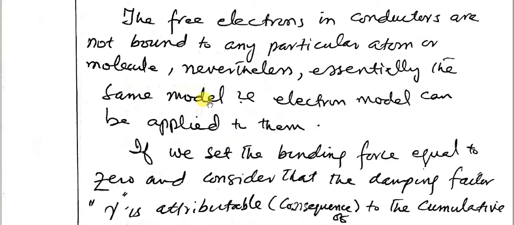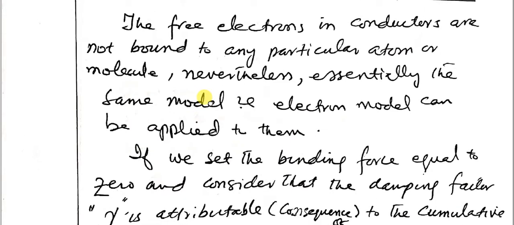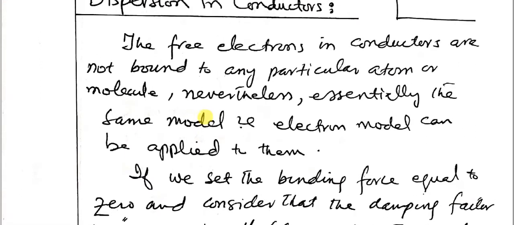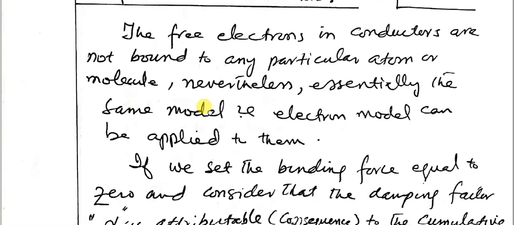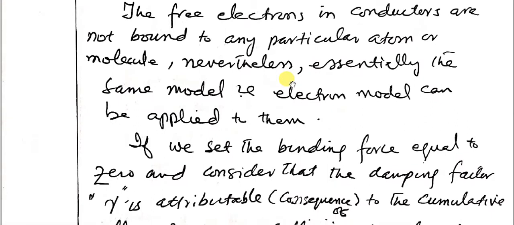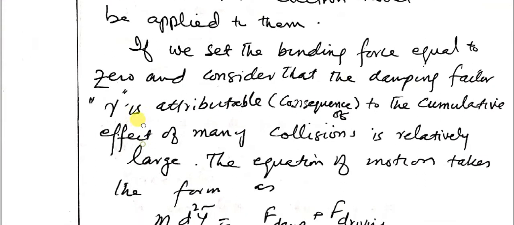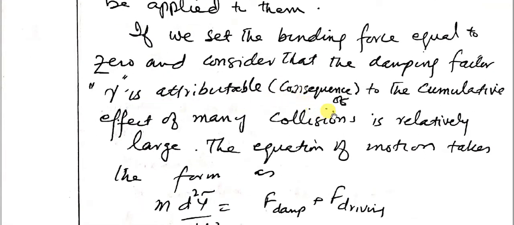In non-conductors the electrons are bound to the atoms, but in conductors the electrons are free, not bound to one particular molecule or atom. We can apply the electron model if we set the binding force equal to 0 and consider that the damping factor gamma, attributable to the cumulative effect of many collisions, is relatively large.